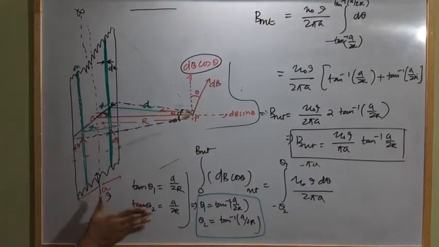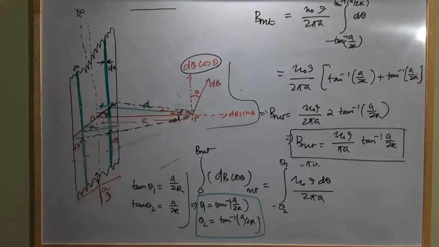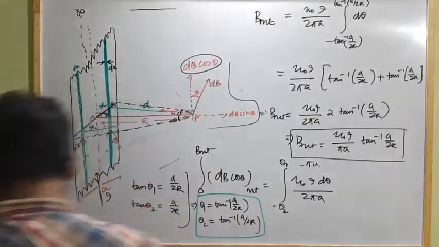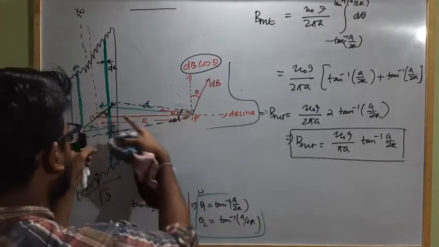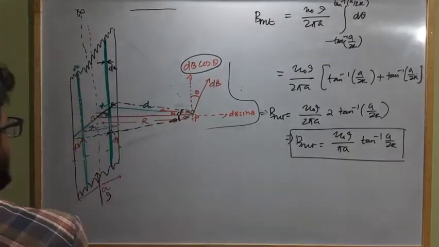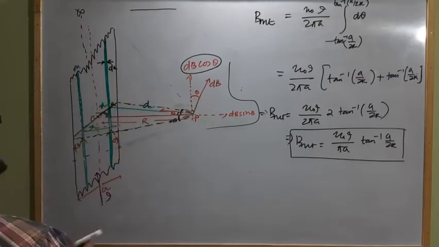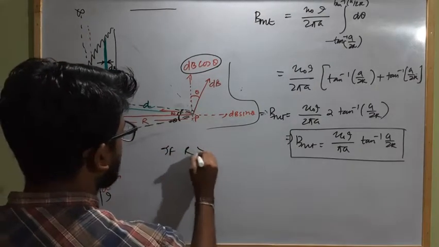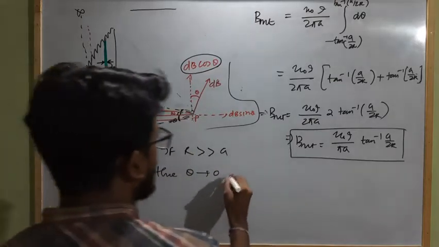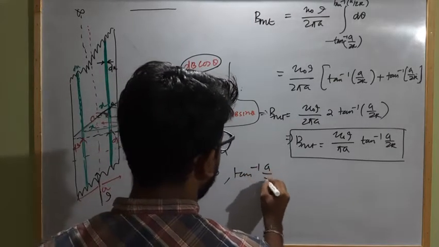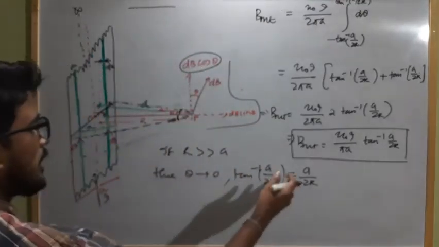And as the current flows like this and the point is here, the magnetic field will be inward. Clear? But in this case, if r is very large in comparison to a, if the point of observation is at a very large distance from this sheet in comparison to a, then theta tends to 0, this angle will be very small, so tan inverse a by 2r can be simply written as a by 2r, since tan theta can be written as theta.